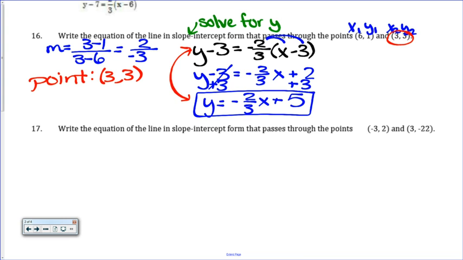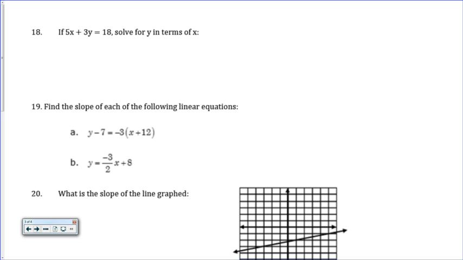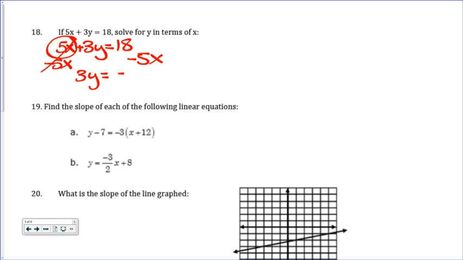Next, we're going to look at problem number 18. So here's your literal equations. We're going to solve for y. So 5x plus 3y equals 18. So if we're trying to isolate y, the first thing we're going to move is this 5x. Because it's positive, we're going to subtract 5x from both sides. So we get negative 5x plus 18, because that 18 was positive.